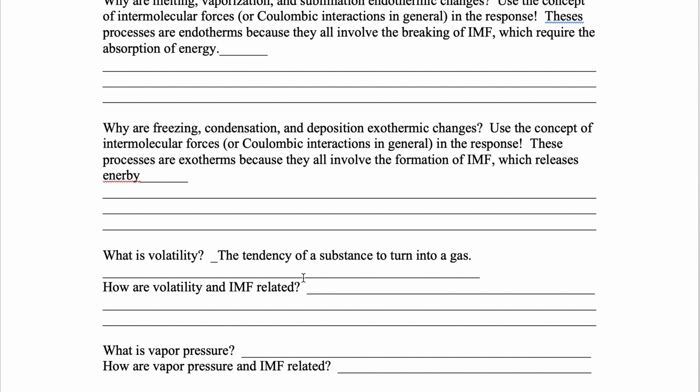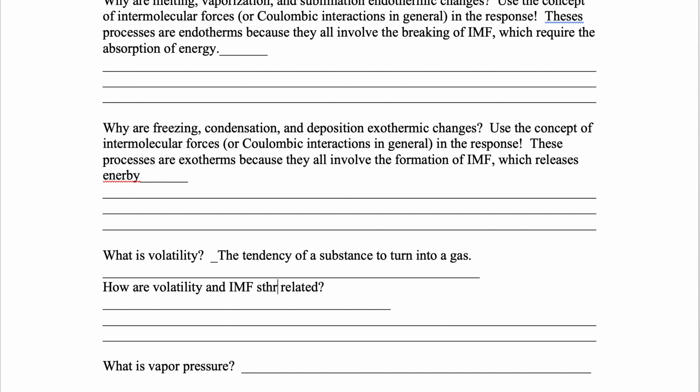So how are volatility and IMF strength related? When you're posed a question like this, address the answer in the same way all the time. There are two variables, volatility and IMF strength.